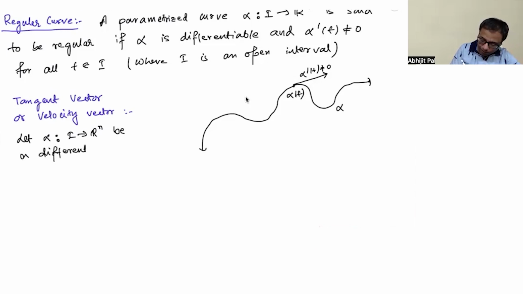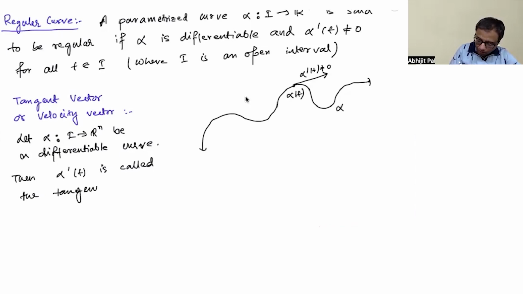Then alpha prime t is called the tangent vector or velocity vector of the curve alpha at the point alpha t.